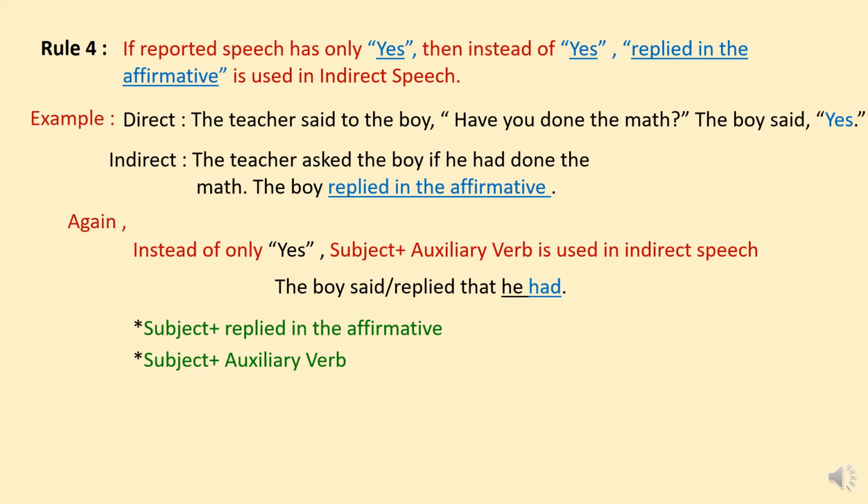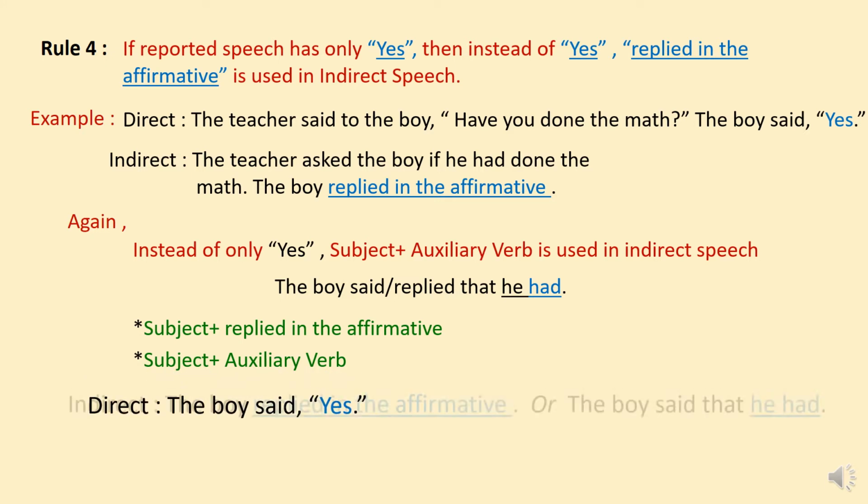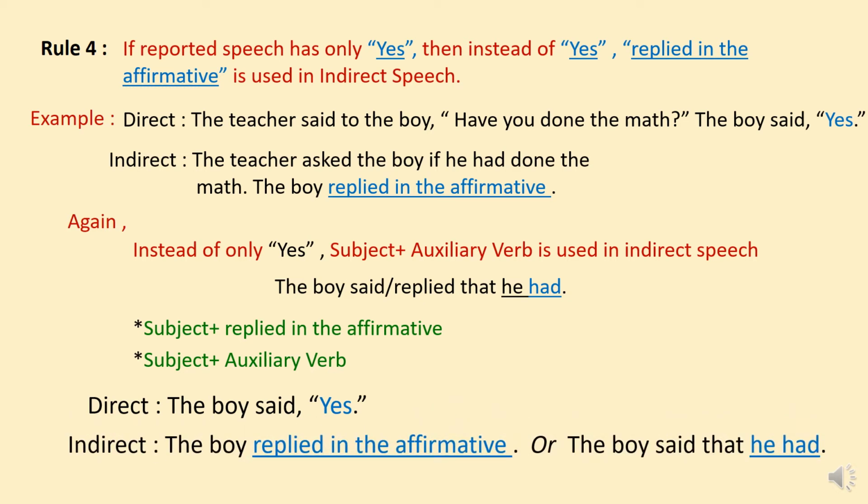Let us have a look at the examples again. Direct: the boy said yes. Indirect: the boy replied in the affirmative, or we can use the boy said that he had.